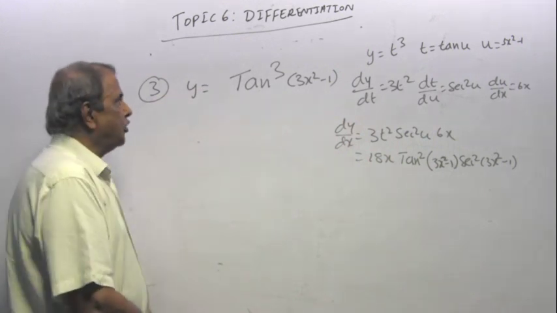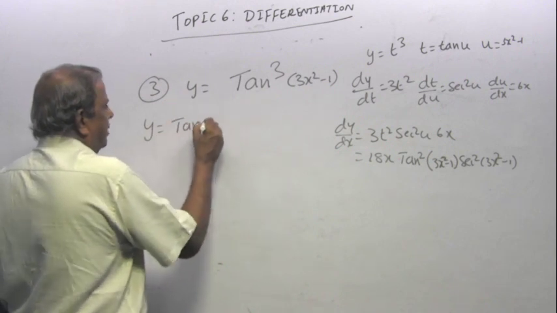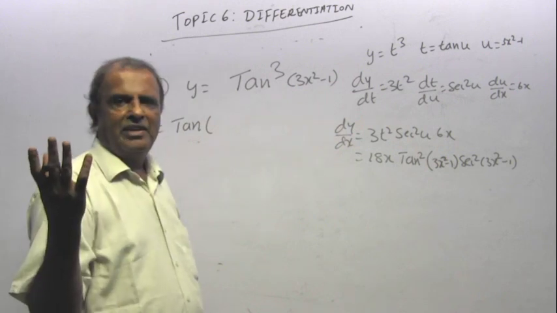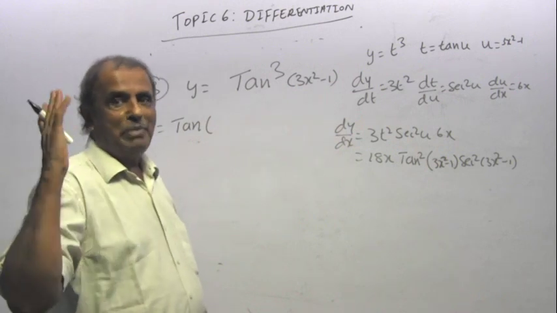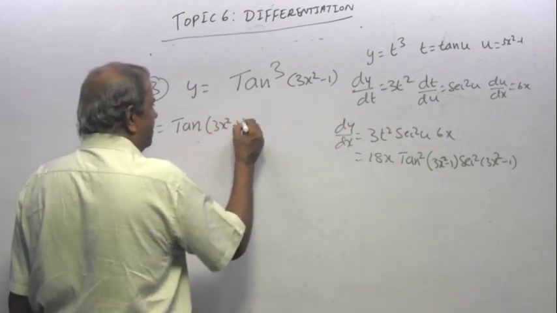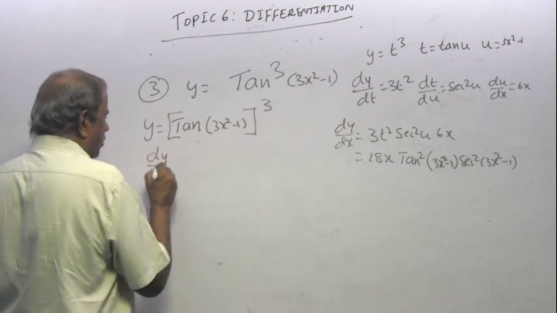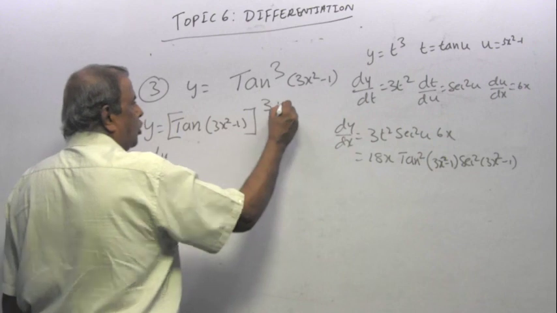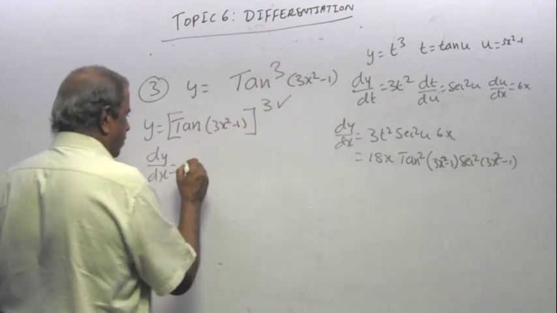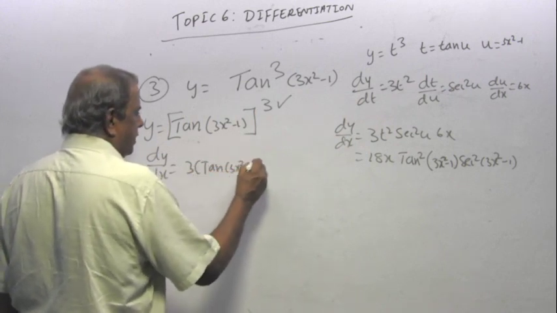Now, I will show you using the onion rule. Remember I told you, write this as tan of 3x squared minus 1, the whole cube. What is the outermost layer? Cube. Anything cubed gives you 3 times the same thing squared. So 3 times tan of 3x squared minus 1, squared.